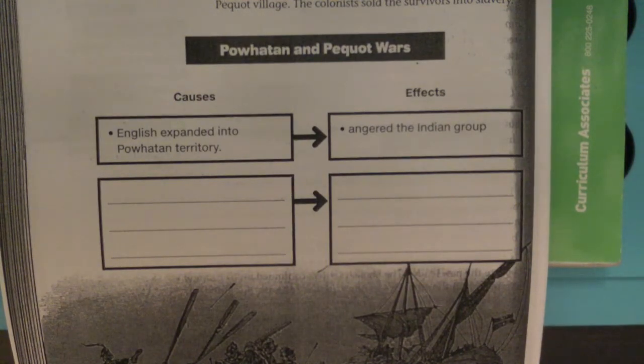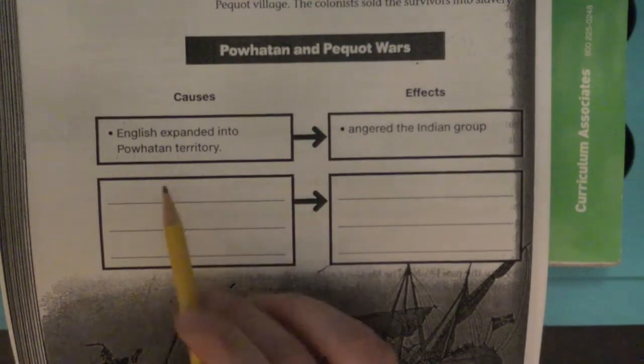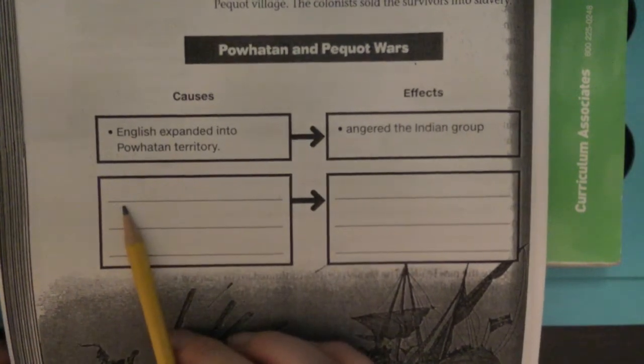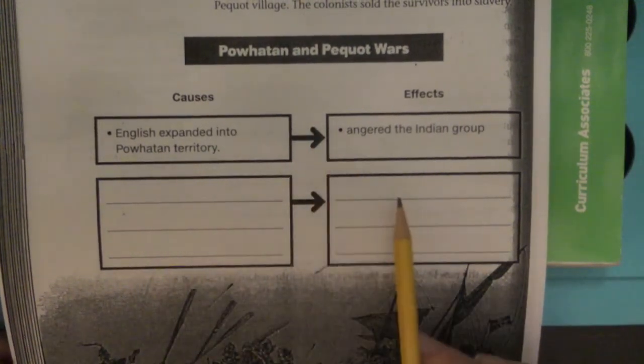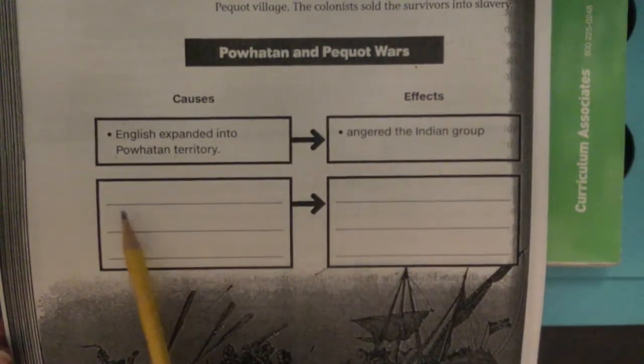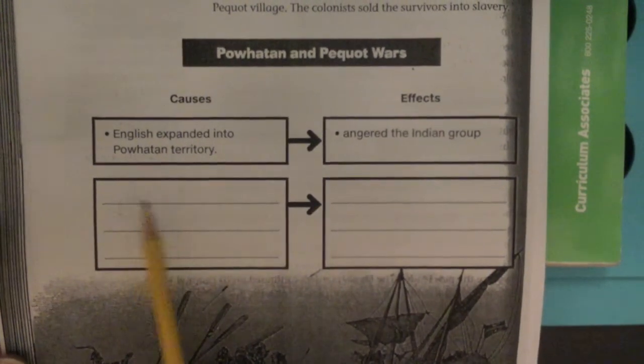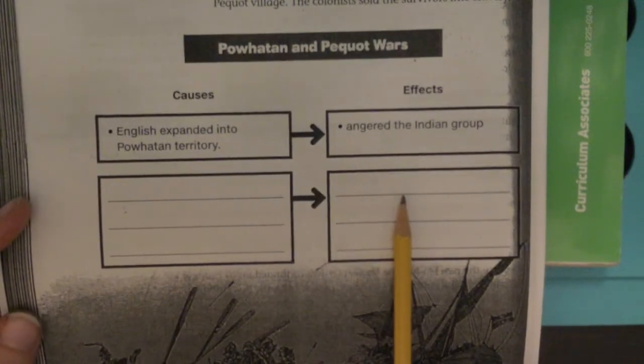Now, we need another cause and effect. So what happened to one group, and then what did they do in return? So you need to figure out what is the group that's going to go here and what's the group that had the effect.